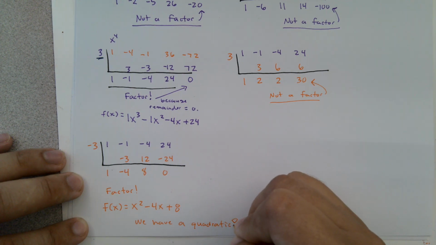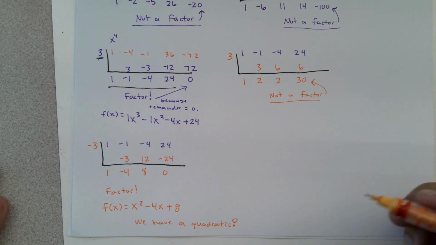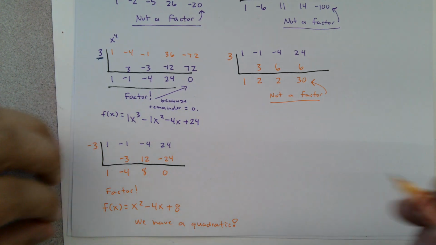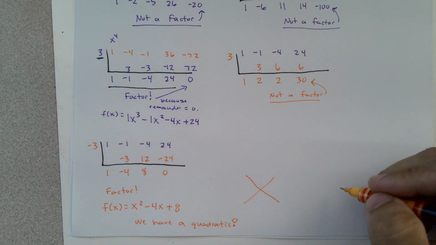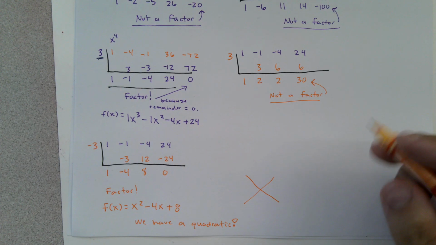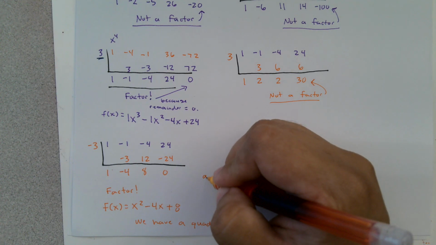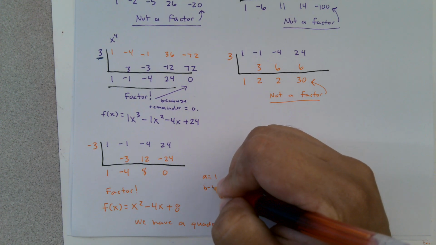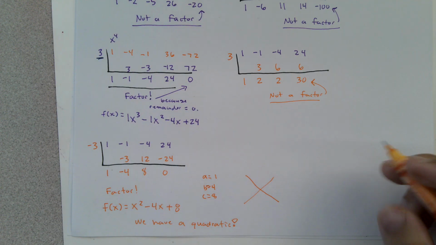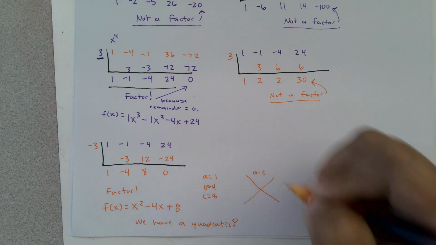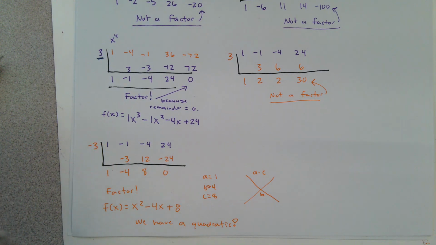Now you go back to first semester. Factoring a quadratic requires a diamond and sometimes an area model. In this case, a equals 1, b equals -4, and c equals 8. So we need a times c up here, b down here.